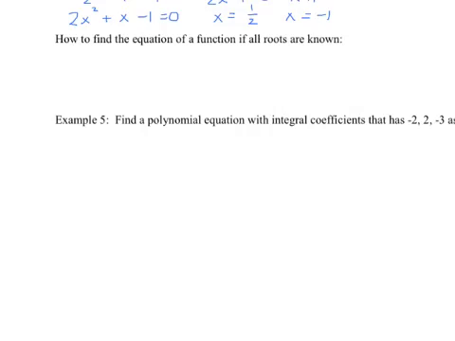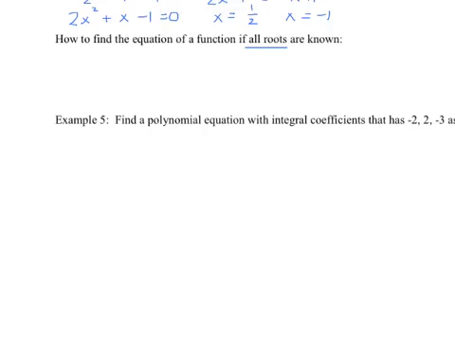Now this next problem is something that we have done before. So what we've been looking at is if all roots are known, we've been finding roots, but we want to go backwards. We want to take our roots and we want to find the original equation. So we're going to do this process backwards.